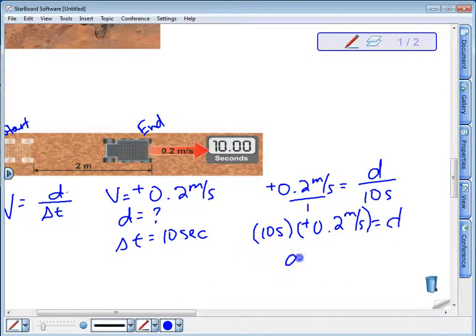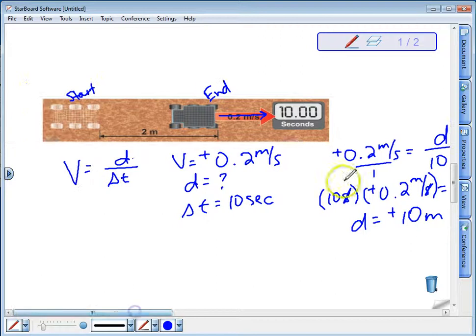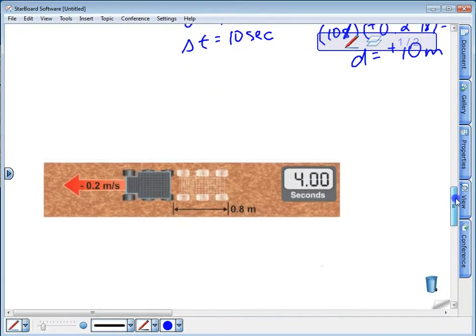So our displacement is positive 2 meters from where we started. So if we were going forward or east, then maybe that would be east, or forward. It's probably a northeast, southwest sort of direction, but might not be. It might use a different direction. Let's look at this one.